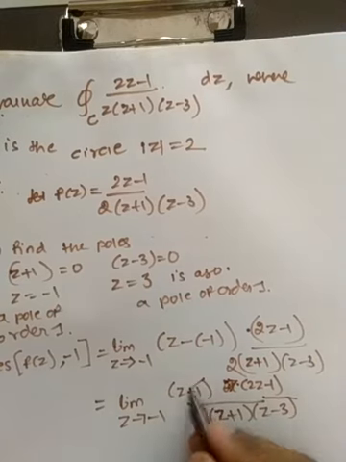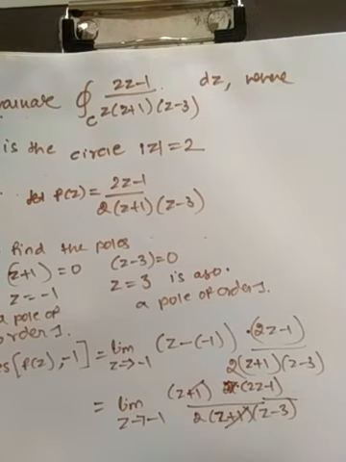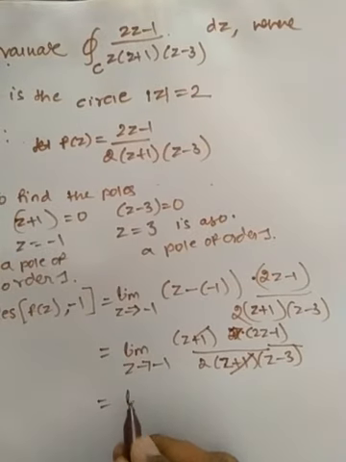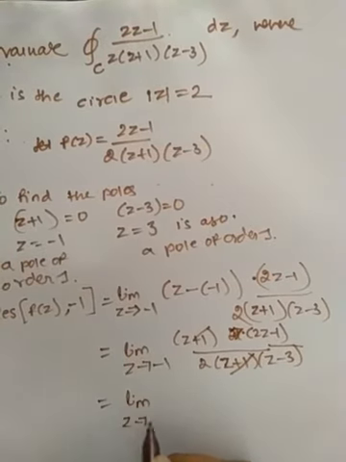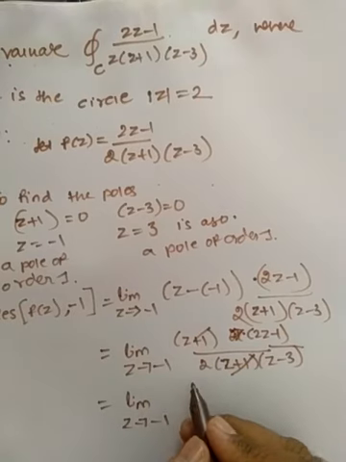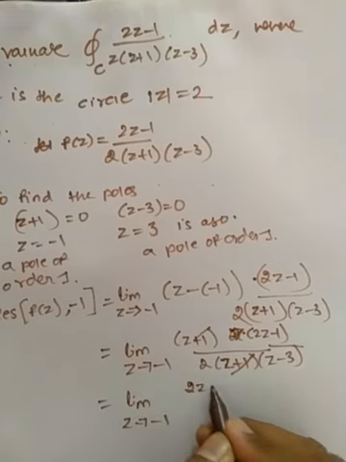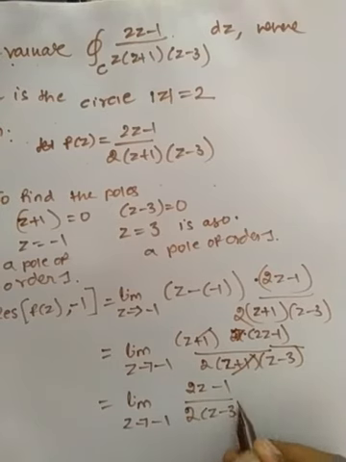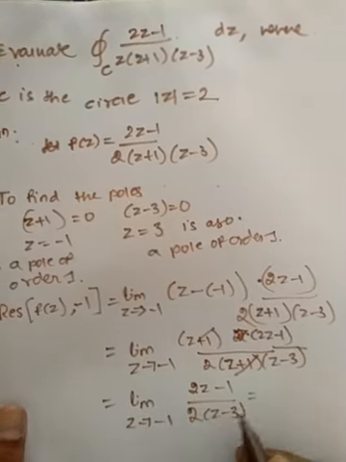Now here this z plus 1 and z plus 1 get cancelled. So this is equal to limit as z tends to minus 1 of 2z minus 1 divided by 2 into (z minus 3). Now substitute the limits.